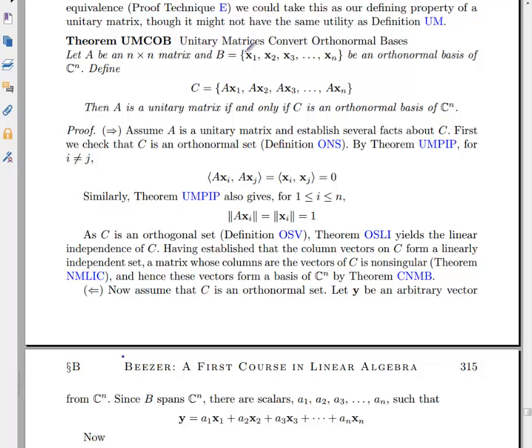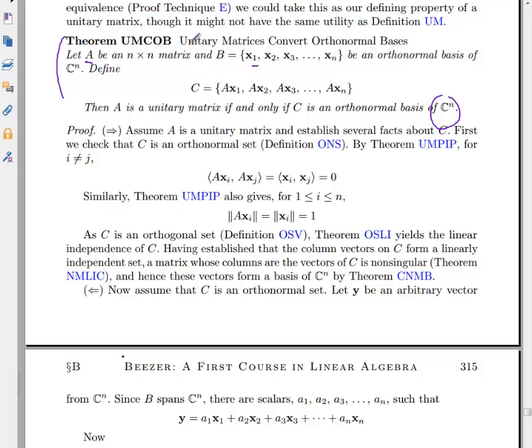Now, we know that a space can have more than one basis. Okay, we've already seen several bases for Cn. So the question is, can we change from one basis to another? And this theorem talks about some conditions in which we can change from an orthonormal basis to another orthonormal basis. Okay, we know that we can take vectors and multiply them by a matrix.